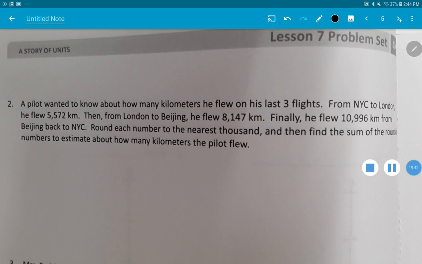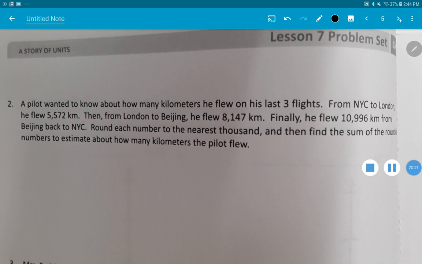This problem says a pilot wanted to know how many kilometers he flew on his last 3 flights. From New York City to London, he flew 5,572 kilometers. Then from London to Beijing, he flew 8,147 kilometers.